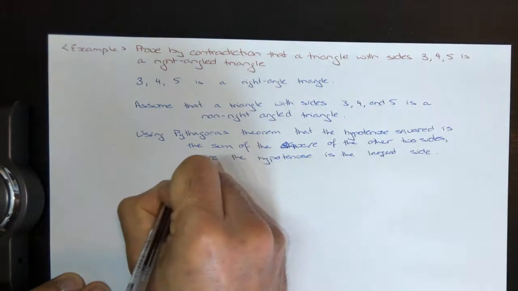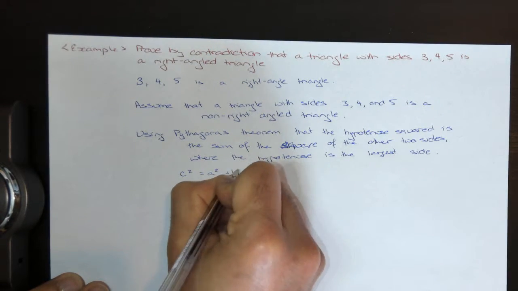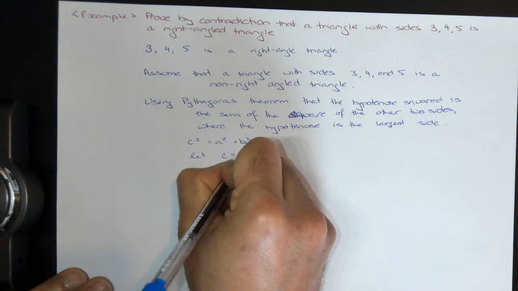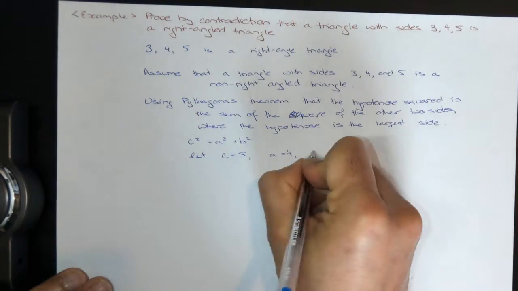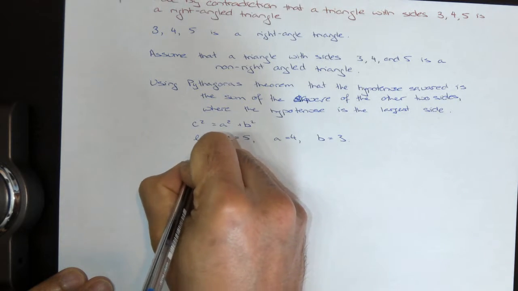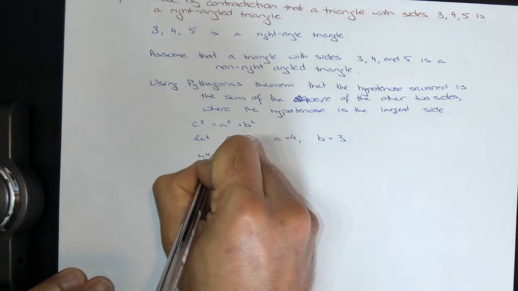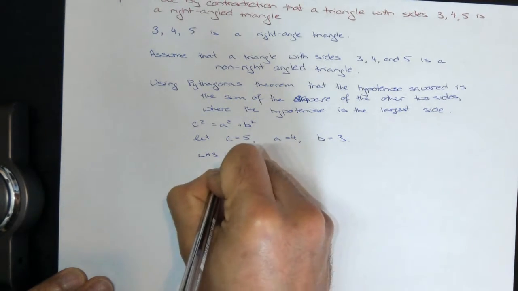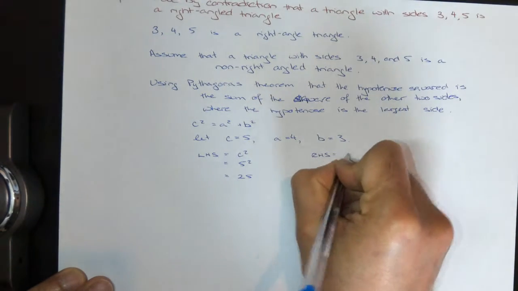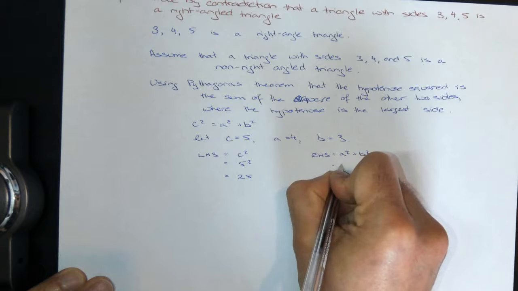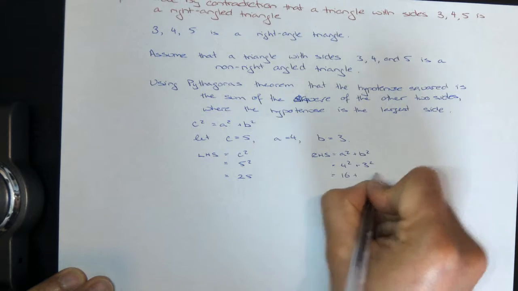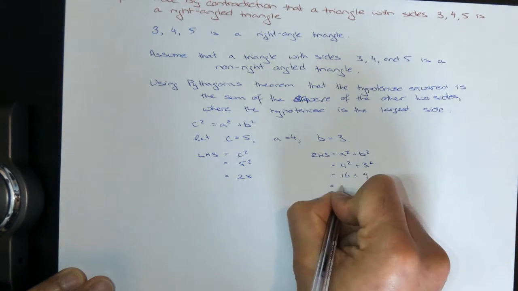So we've got c squared equals a squared plus b squared. If we let c be 5, a be 4, and b be 3, the left-hand side is c squared, which is 5 squared, which is 25. The right-hand side is a squared plus b squared, which is 4 squared plus 3 squared, which is 16 plus 9, which is also 25.